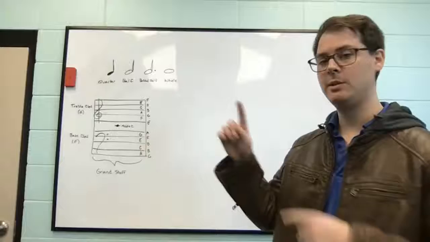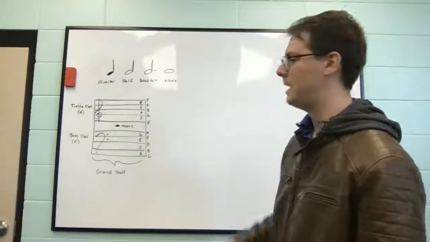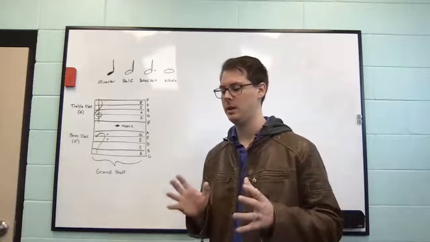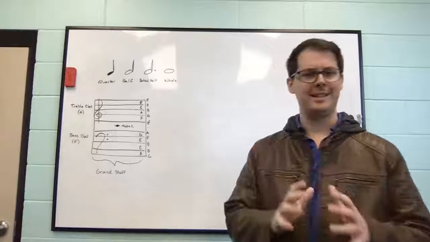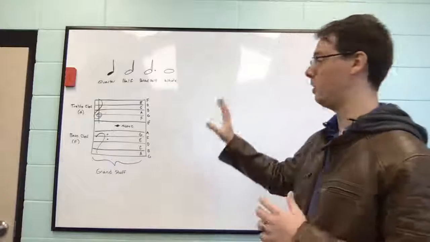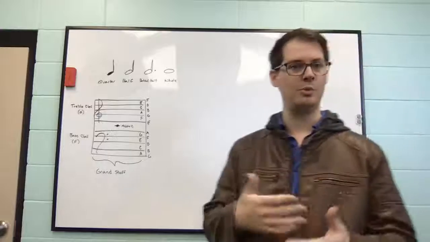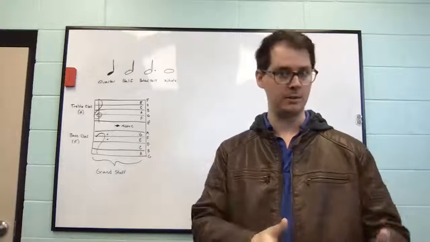But what we're going to do is a little bit of a review of what we discussed last week. Last week, some of the things I discussed was the idea of how music works, and that's just generally the whole concept of music theory, the who, what, when, where, why of music.